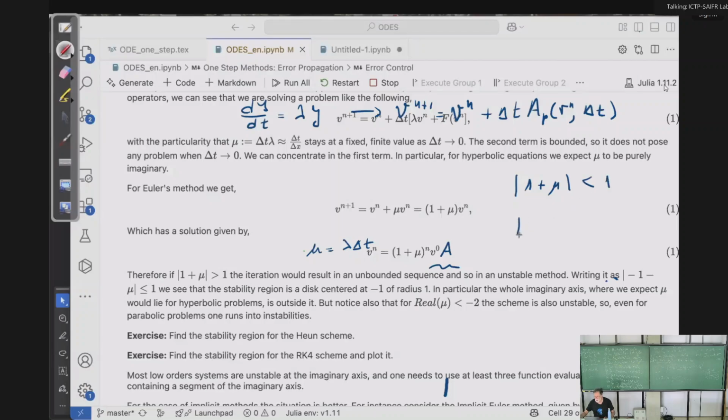So if we write this as |-mu - (-1)| less than 1, this says that the distance from minus 1 of minus mu should be less than 1.